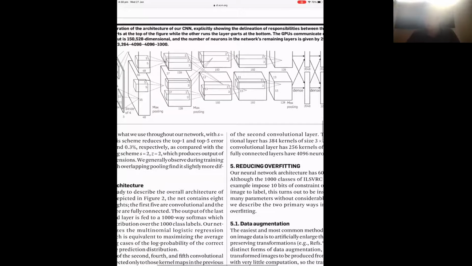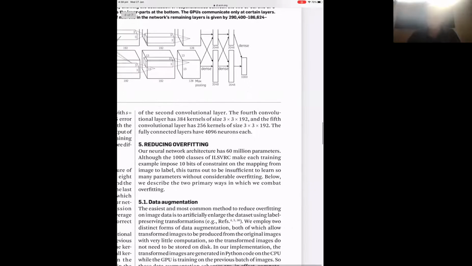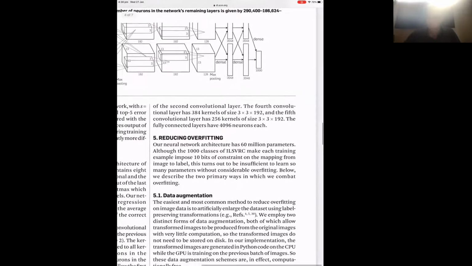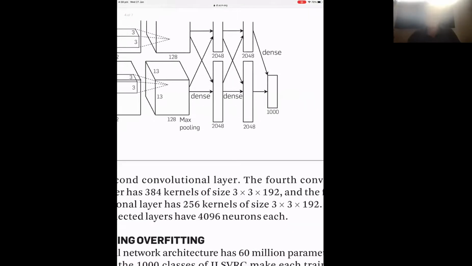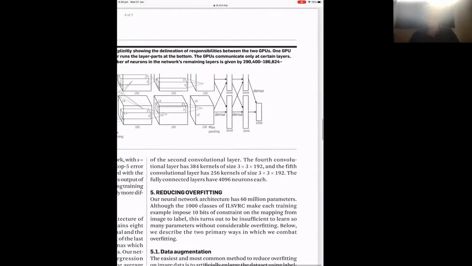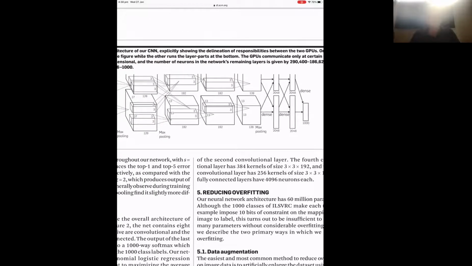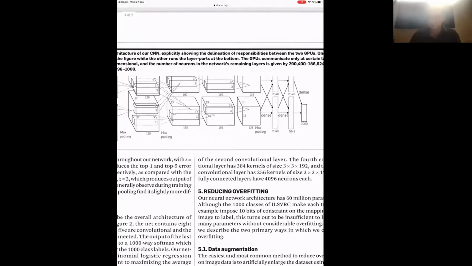And then reconnection of them towards the end with the dense layers. Okay, this was for computational reasons because this was just trained on 2 GPUs that existed at the time. So a lot of the art of making this work had to do with good engineering and good computation, etc.